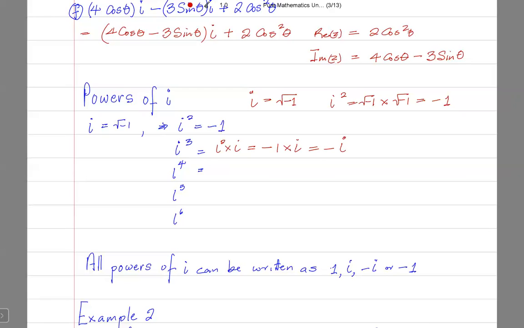So i squared is -1, i cubed is minus i. i to the fourth power, there are several ways you could look at it, but you could say it's i squared times i squared, which is -1 times -1, which is equal to +1.